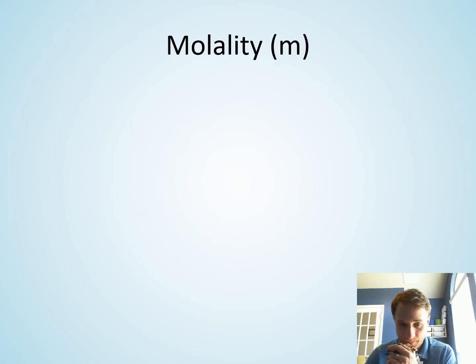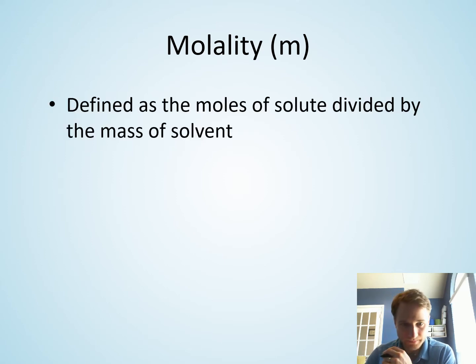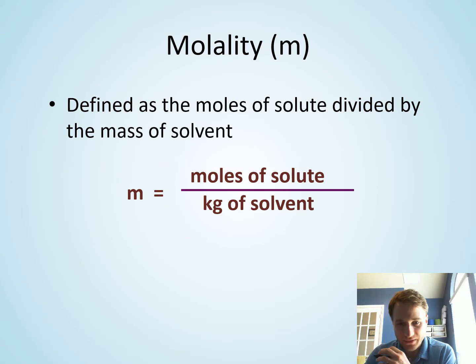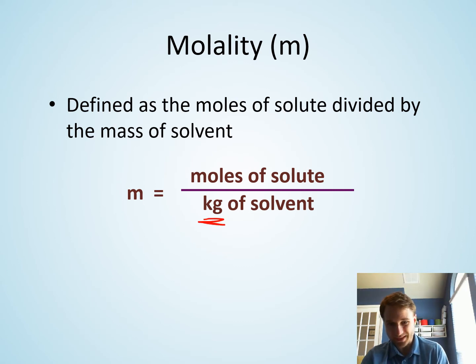And then there's molality. Molality has the unit little m, often used. Molality is given by the moles of the solute divided by the kilograms of solvent. We have to remember that it's kilograms and it's of the solvent.